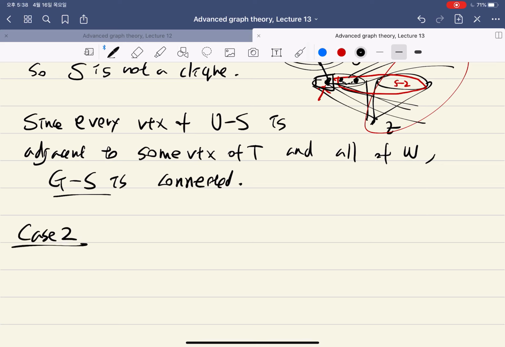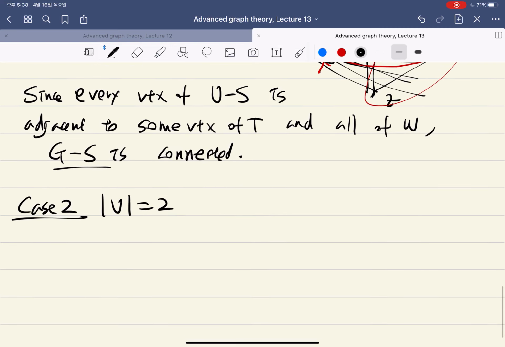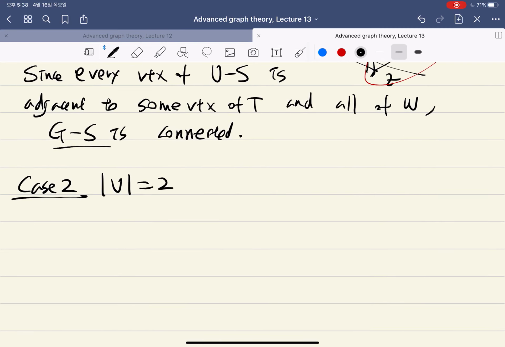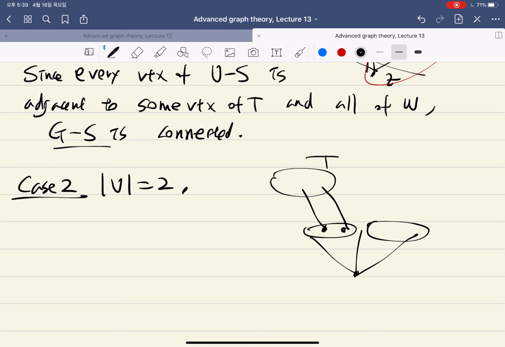And let's consider case 2. So if U has size 2, then what do we know? We know that we have 2 vertices here, and T, this sends at least one edge, one edge.